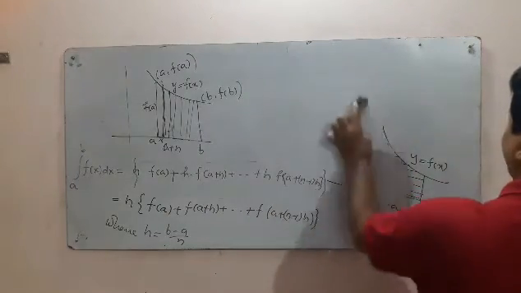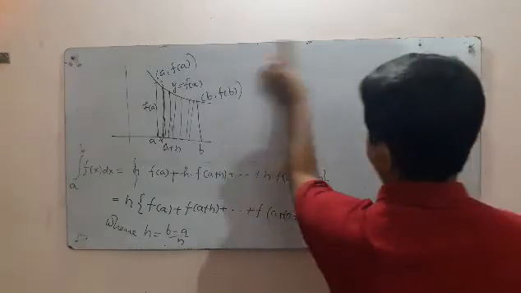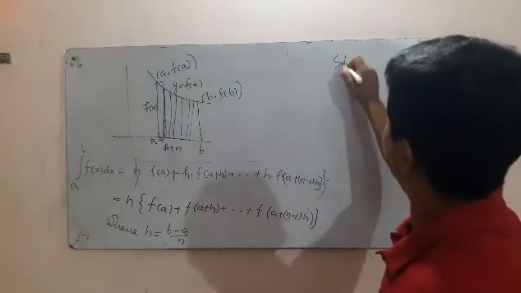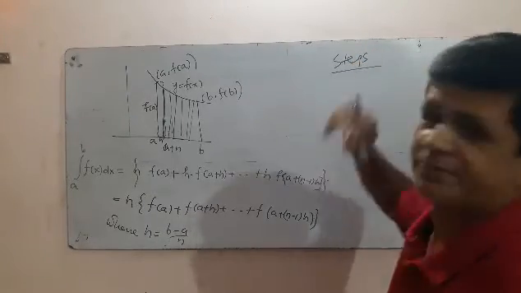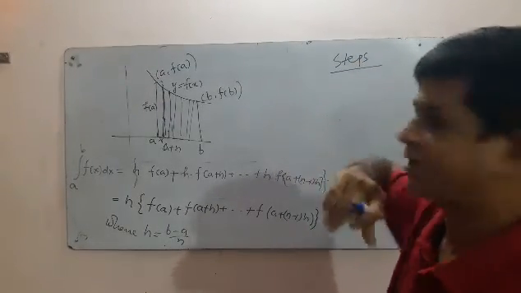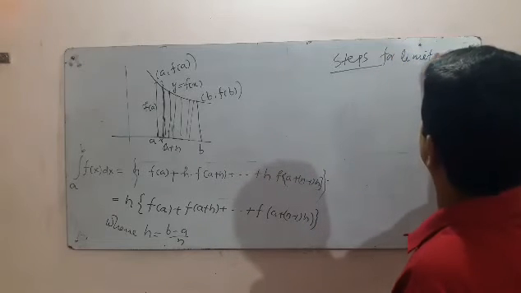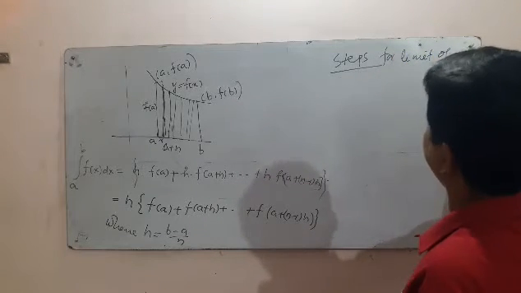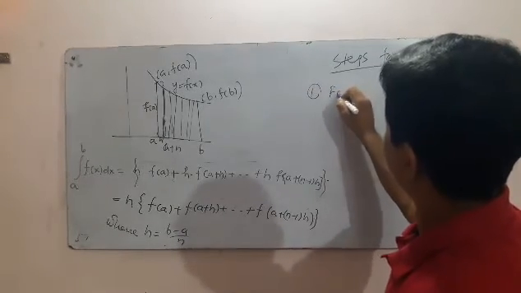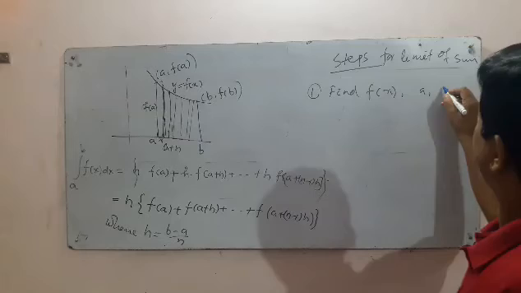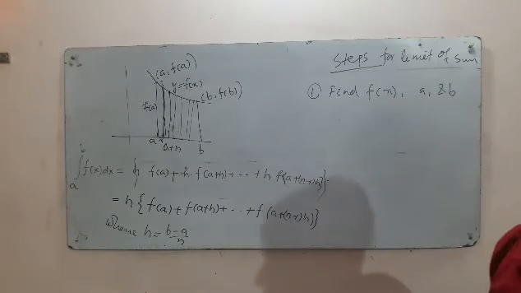What are the steps to find the limit of sum? Steps to solve the limit of sum. Right? First step, find f of x, a and b.